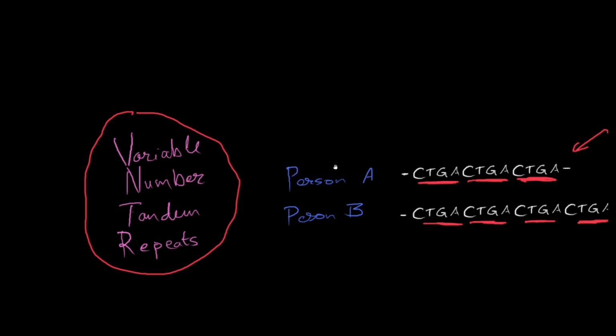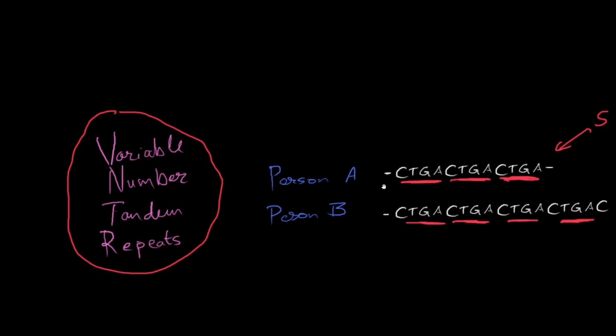What is common across people is the sequence that repeats. So the repeating unit is constant across people, but the number of times the sequence repeats is variable across people, which is why you have the words variable number in the name.